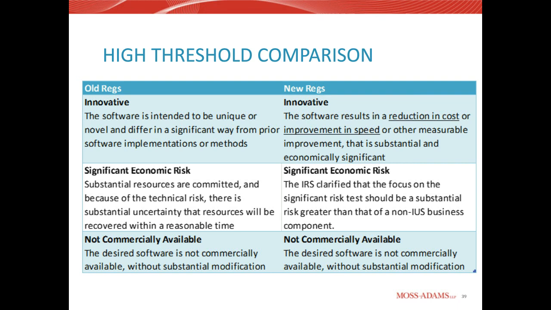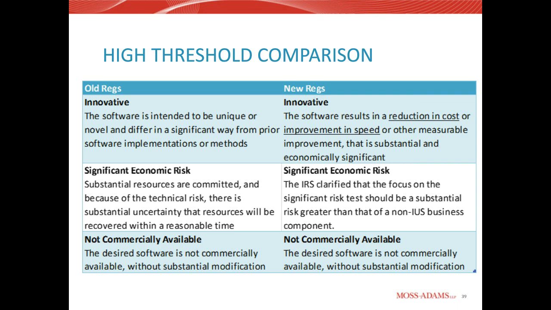So that's really the driving point as far as what this prong is going to focus on, asking whether or not it is certain that this is something that will result in a particular result in, say, a year, 18 months. If you can point to certain factors that show the actual uncertainty that's involved with the development effort, that's going to make for a stronger claim and get you past this significant economic risk hurdle.